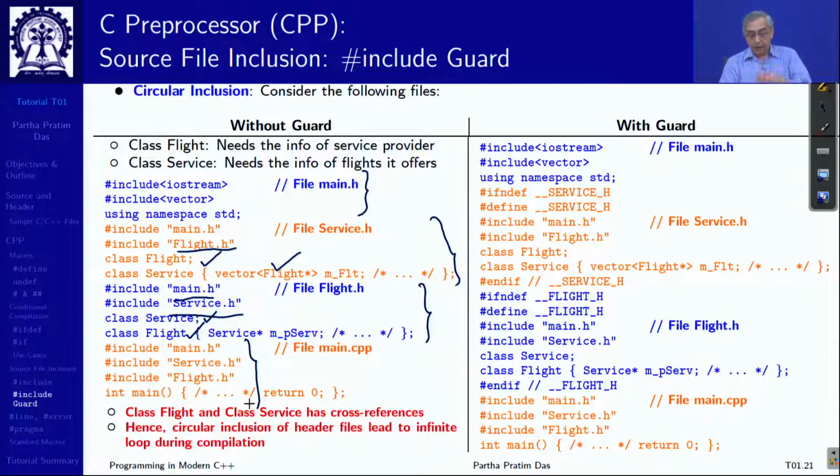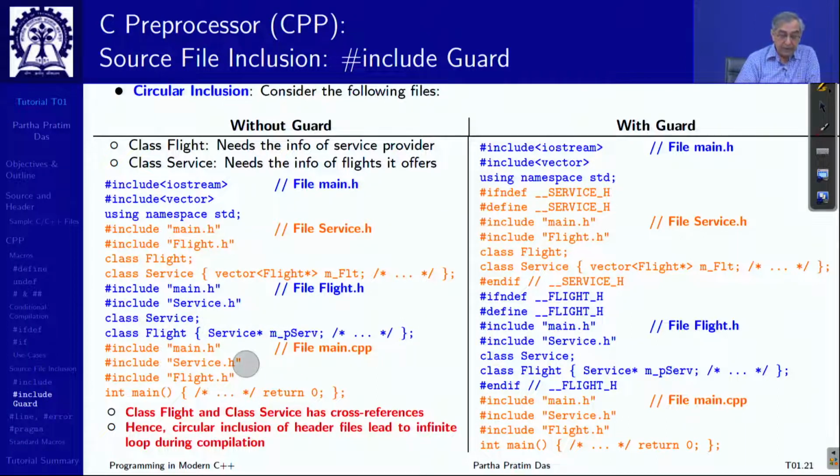Right. So, what will happen when you write this? The service dot h is here. So, you get in here, you try to include flight dot h.